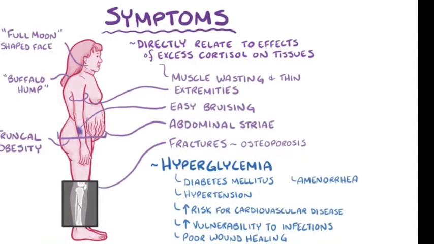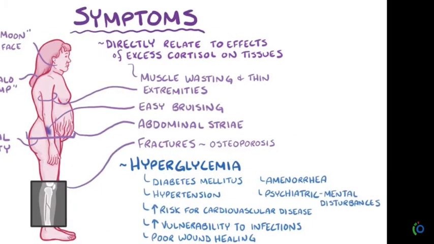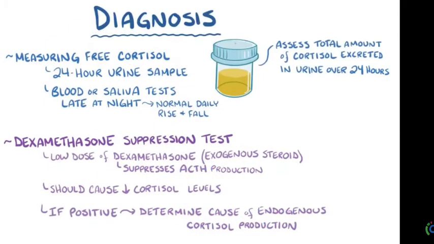They will have hyperglycemia, which can lead to diabetes mellitus, hypertension, increased cardiovascular risk, and also increased vulnerability to infection, and poor wound healing. The person will have a characteristic moon face, buffalo hump, and also truncal obesity.